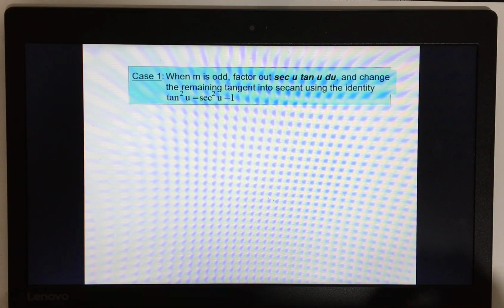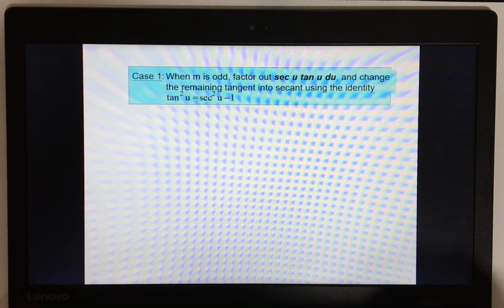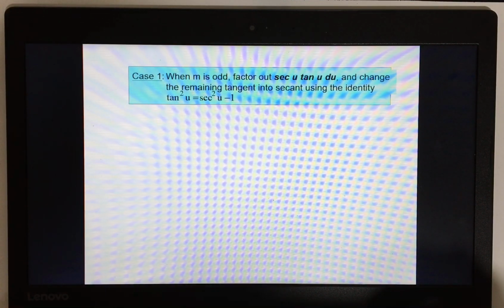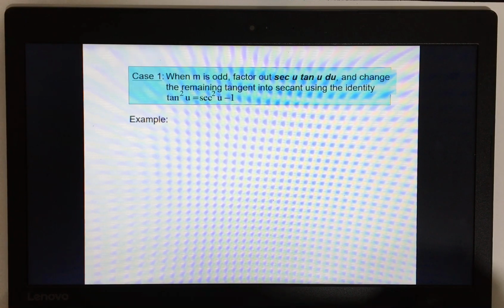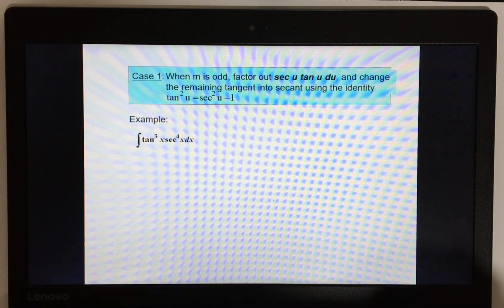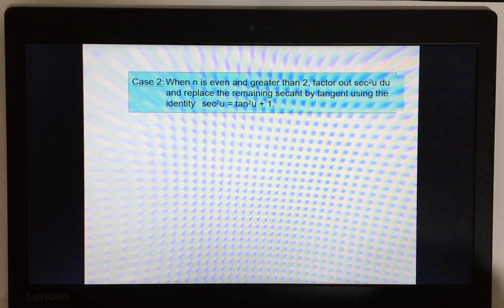So case 1, we have this case 1 when m is odd. We have the rule to factor out secant u tangent u du, then change the remaining tangent into secant using the identity tangent squared u equal to secant squared u minus 1. And then we have solved this problem, okay. And then we have case 2, alright.